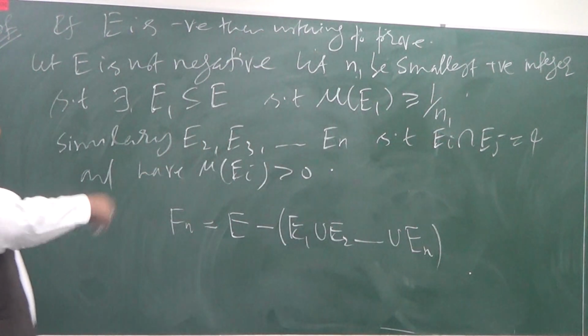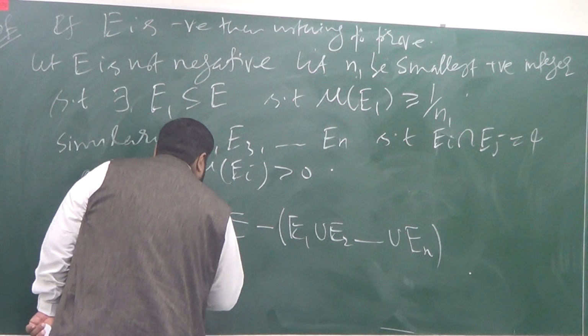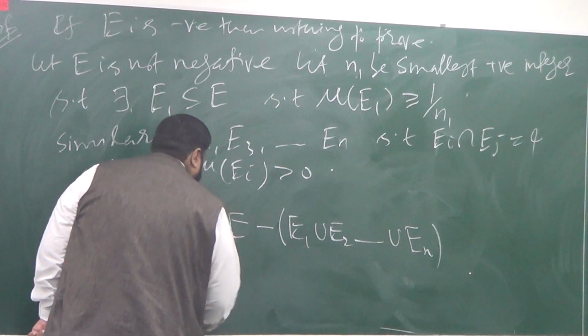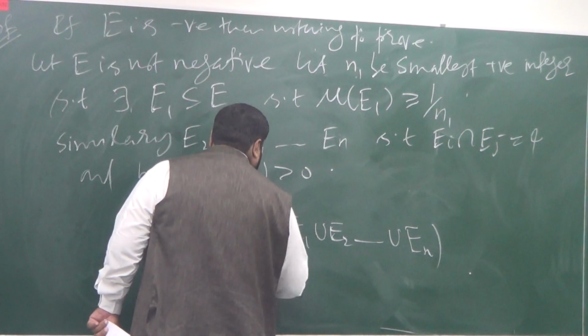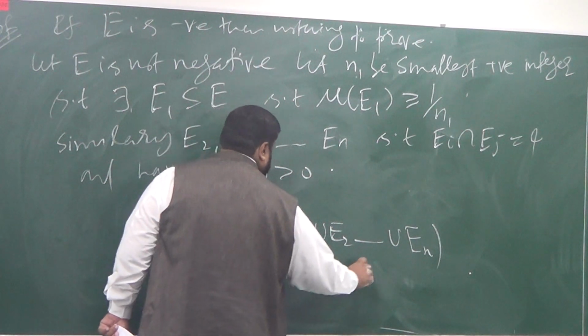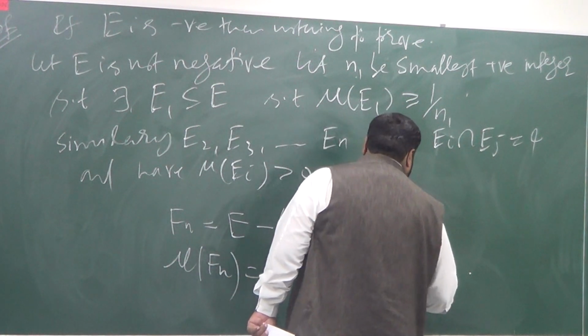Take away all these sets which have positive measure. What would be the measure of this set? Negative. So this would be obviously mu of E minus the sum from i equal to 1 to n of mu of Ei.